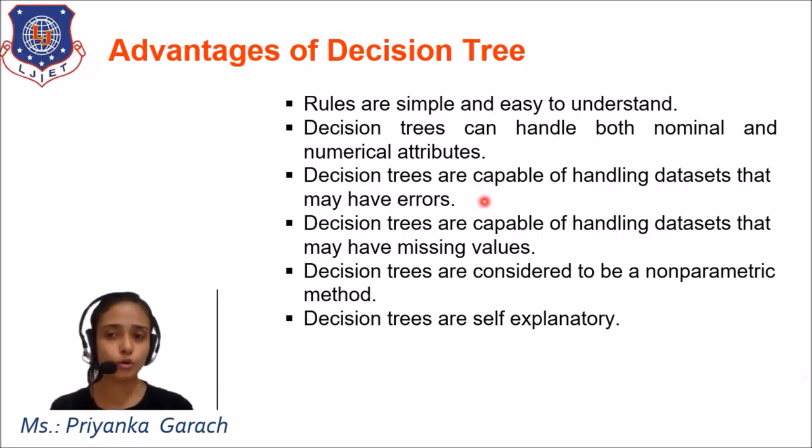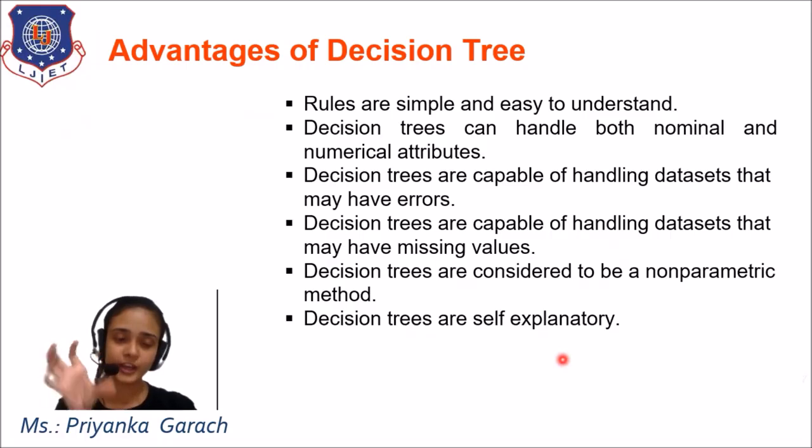Decision trees can handle both nominal and numerical attributes. We have already seen what nominal data is in our unit number 2. Decision trees are capable of handling data sets that may have errors, and also data sets that may have missing values. Decision trees are considered a non-parametric method, and decision trees are self-explanatory.